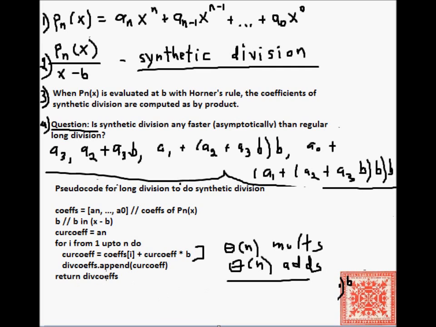Which is somewhat surprising, because one would think that we have to push so many symbols on the sheet of paper when we do long division, but nonetheless, if implemented correctly, it's as efficient asymptotically as synthetic division, right? So we can do synthetic division through long division and be in the same asymptotic class.